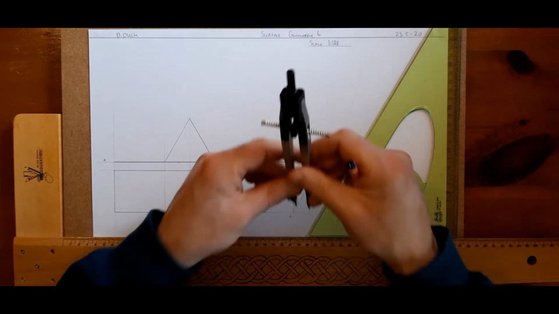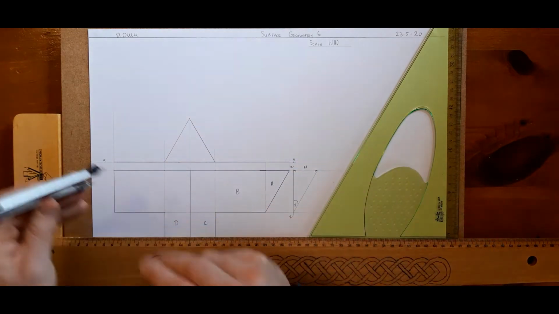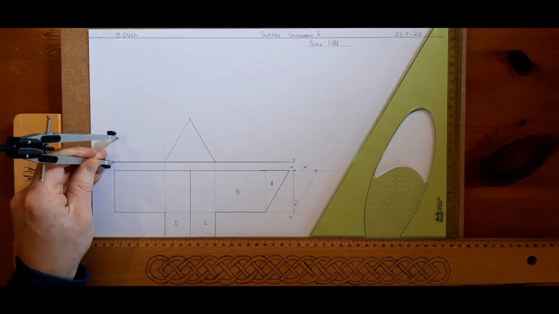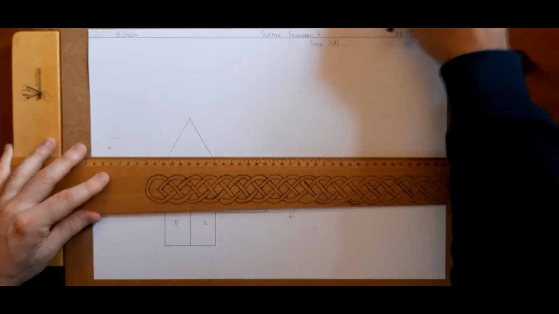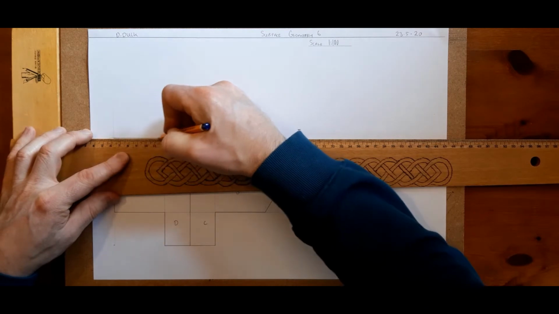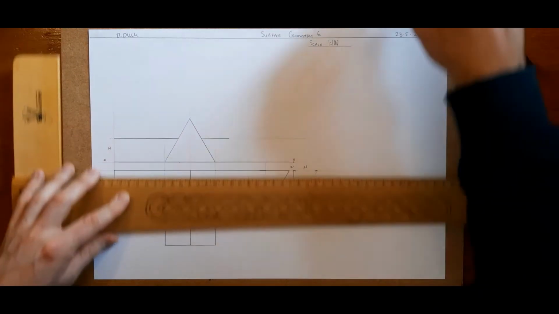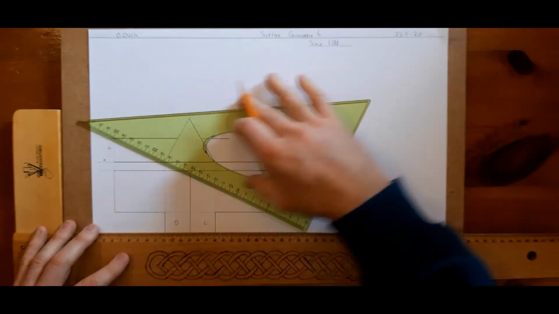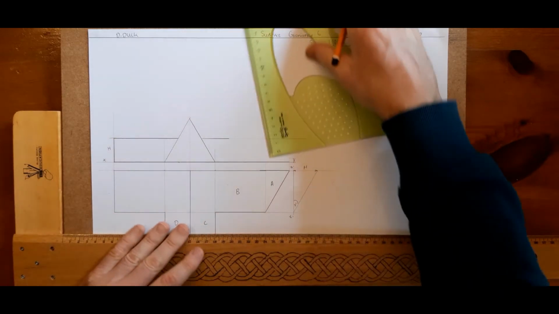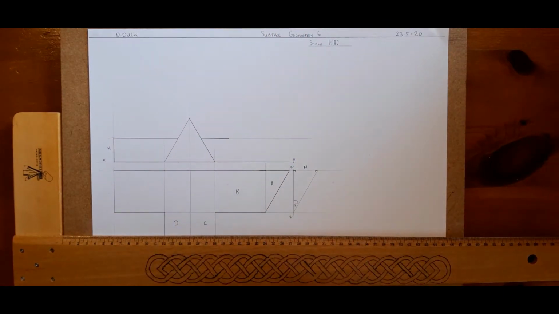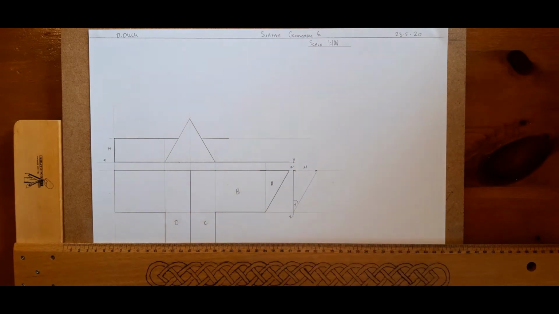I get my compass, drop it down there. We mark off that height, okay? Now, I don't know where it ends on the right hand side here.